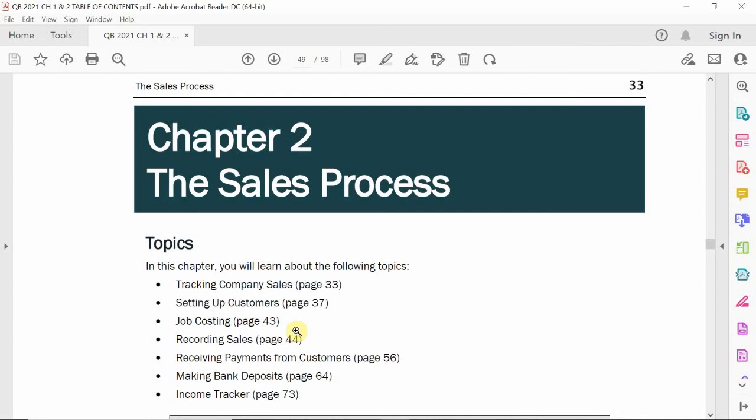Tomorrow, chapter 3 is a continuation of what else you can do with customers, and that's where we learn about what happens when we need to return a product to a customer, or a customer returns products to us. How do we do a refund, right? How do we do customer statements, okay? And how do we deal with sales tax, right? So that's chapter 3.